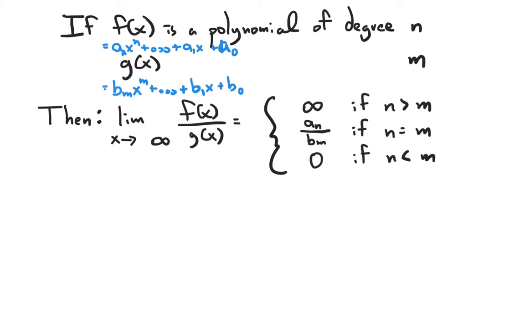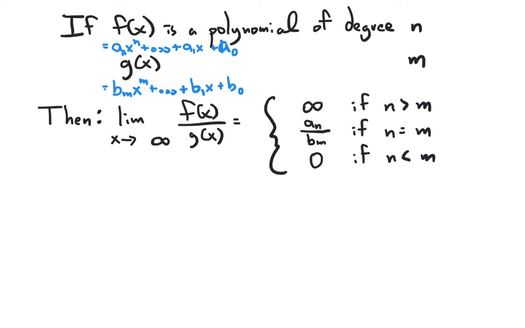So here we have, if the largest power has the same degree, same exponent, then the limit is going to be the coefficients of those terms. So I'm using a's and b's to be the coefficients for my polynomial.